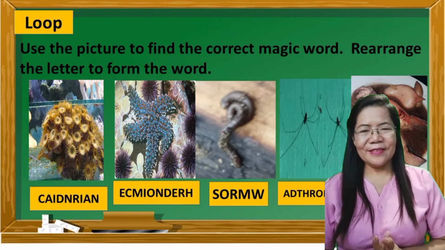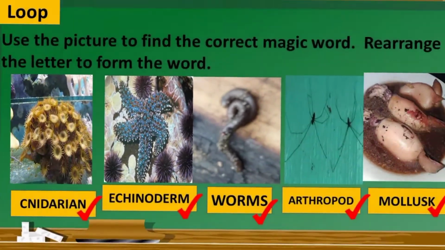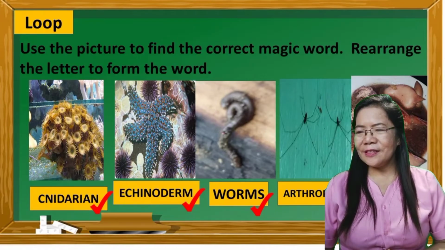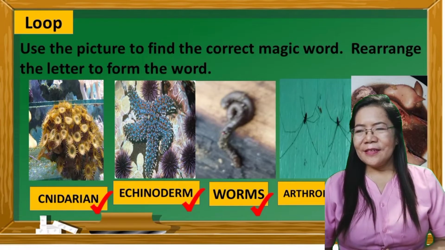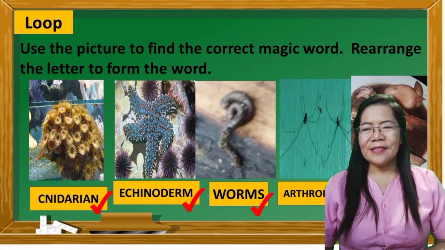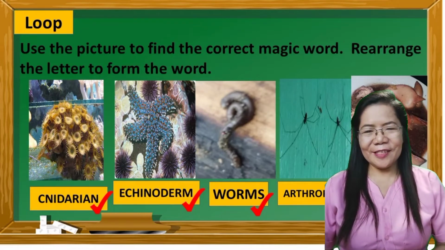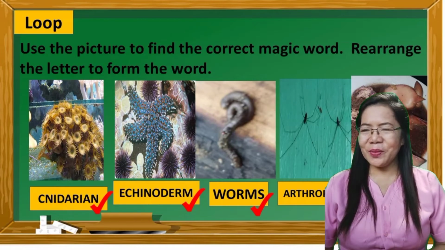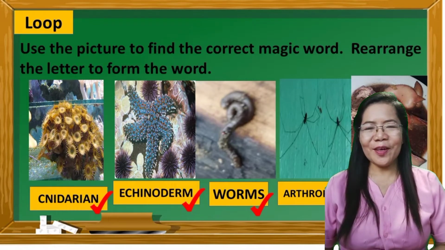Okay, let us check your answer. In number 1 is the word cnidarian. Picture number 2, the magic word is echinoderm.